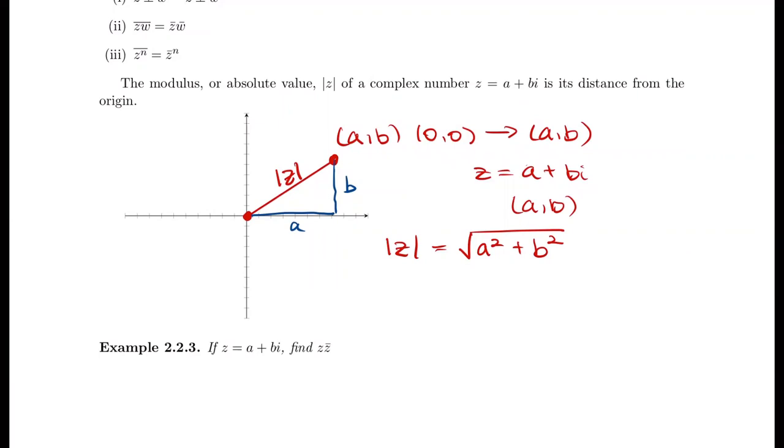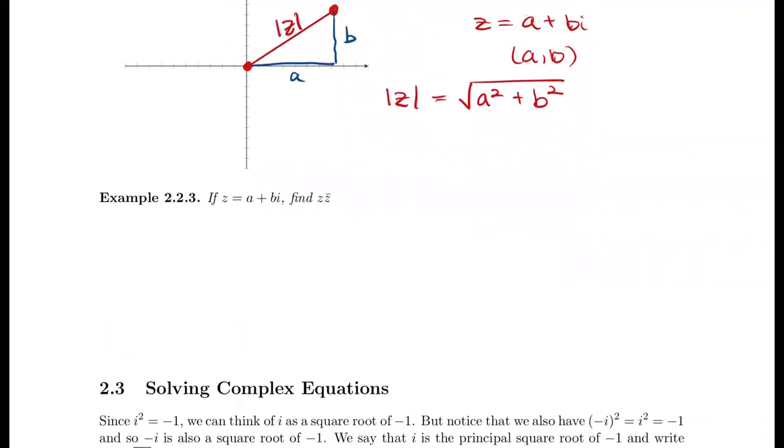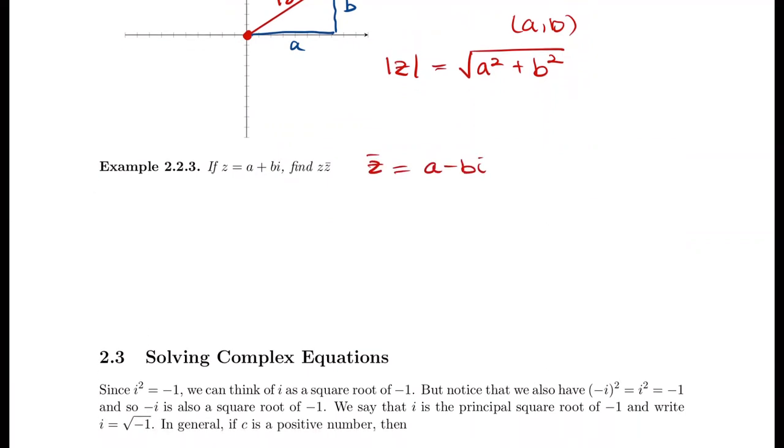So let's have a look at the next example where, if z is equal to a plus bi, we want to find z times z bar. So here, noting that z bar, which is the complex conjugate, is going to be a minus bi. If we put this together, we have a plus bi multiplied by a minus bi.